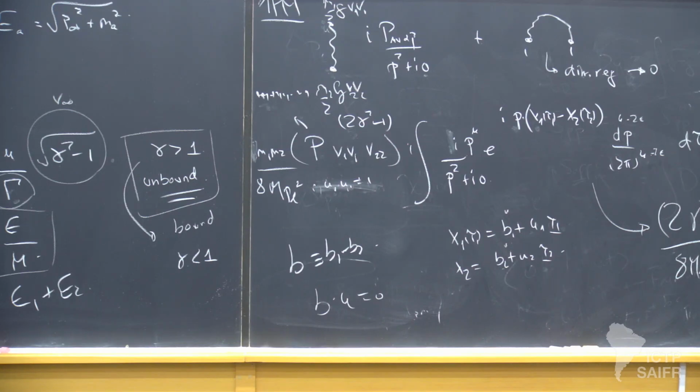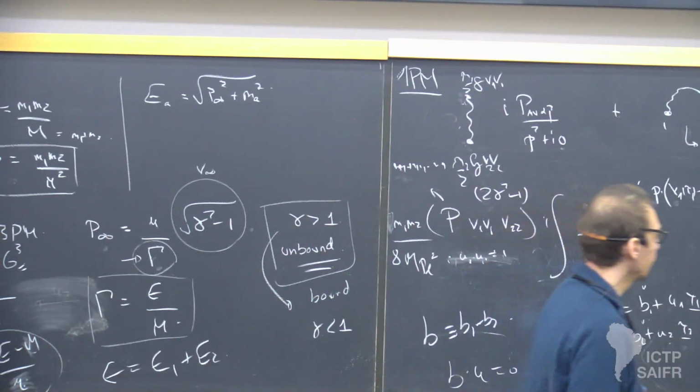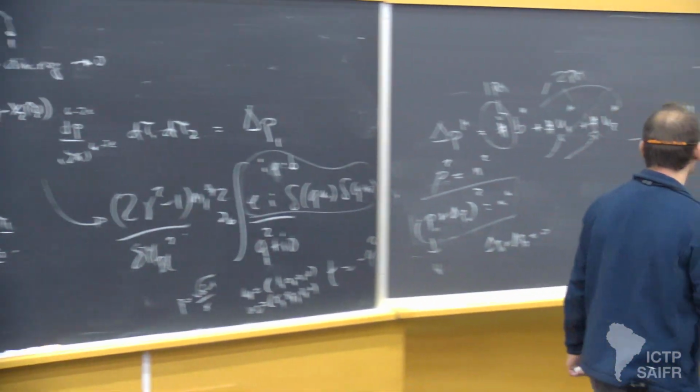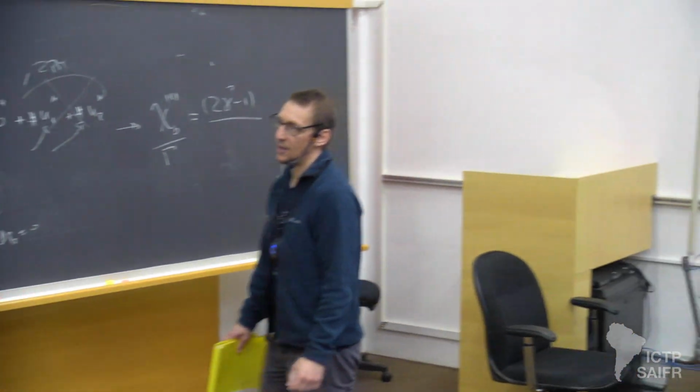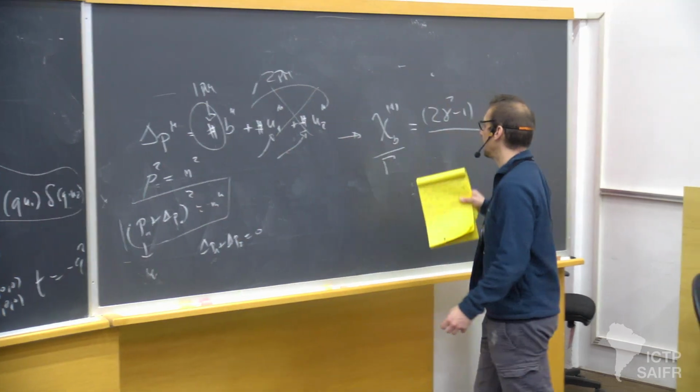And then you get the chi. b1 becomes 2, gamma squared minus 1. And remember, they had to divide by p infinity, and that was the gamma. That appears upstairs because it's downstairs in p infinity. So we put it now divided in chi.